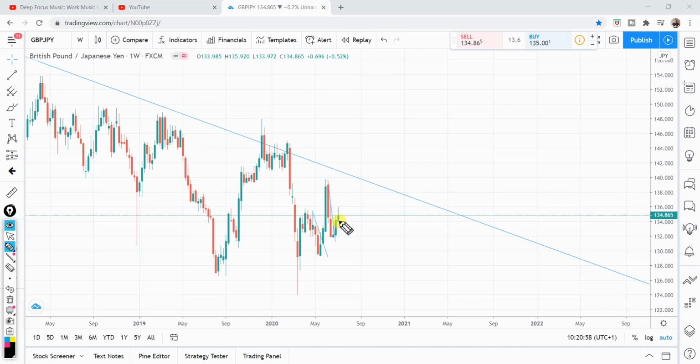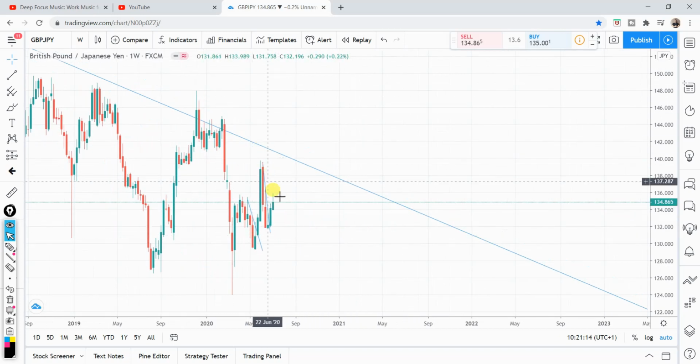And then for this week, the price came up and tested this weekly high, this weekly resistance in here, and we can see that it has not broken yet because the price came down and closed, leaving this nice wick in here. So it will be interesting to see if the price manages to push higher for the following week, or if it's going to start breaking down and go lower.